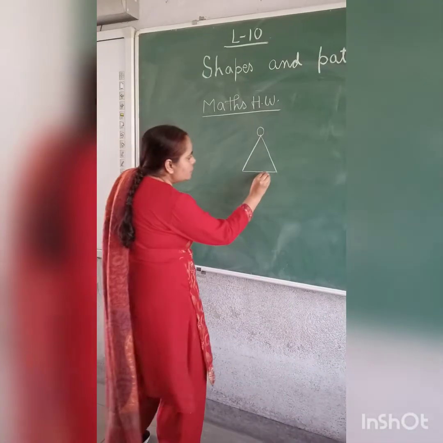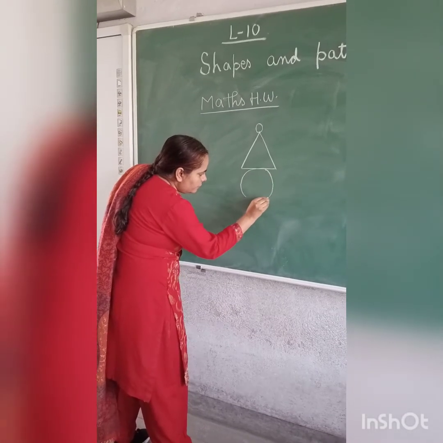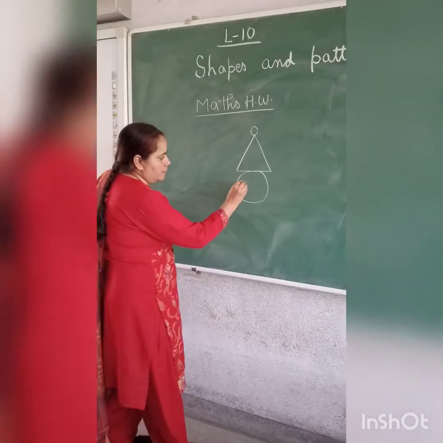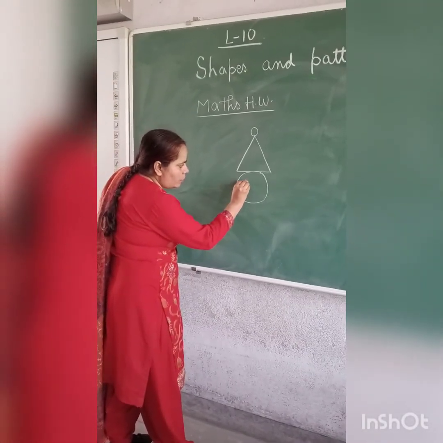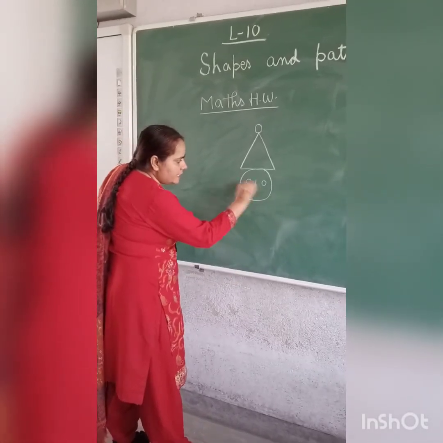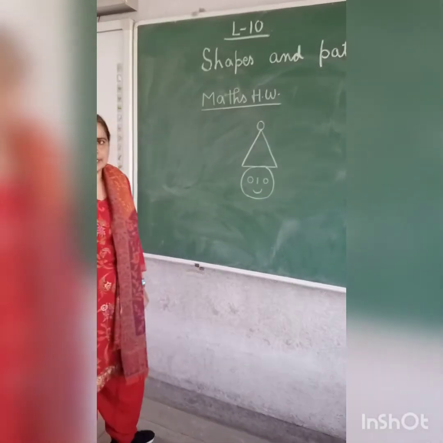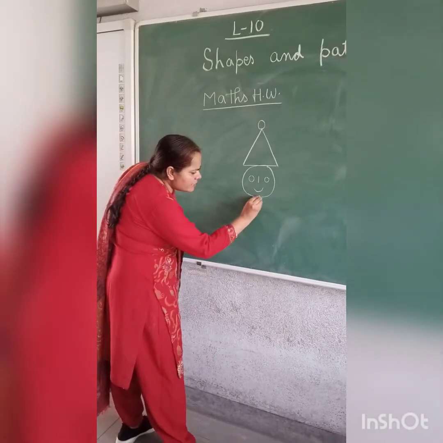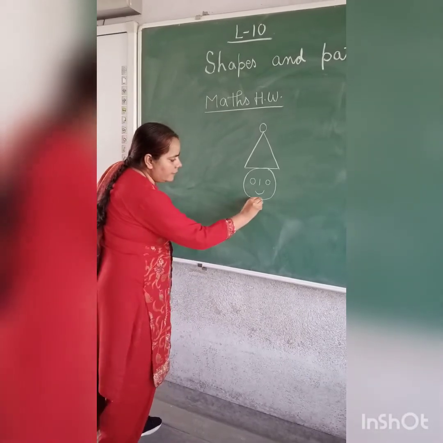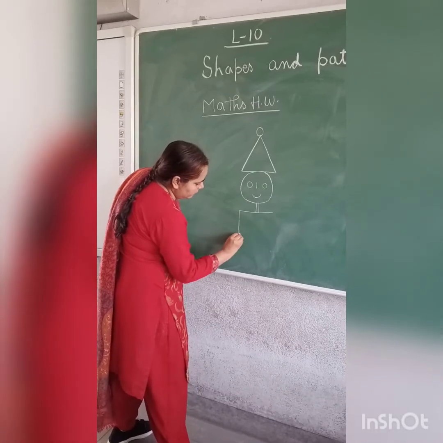And here also, using a big circle, we will make the face of the joker. Okay. And then small circles for eyes, and one straight line for nose, and one curved line for lips, and again one small rectangle for neck, and then again a square for the body.